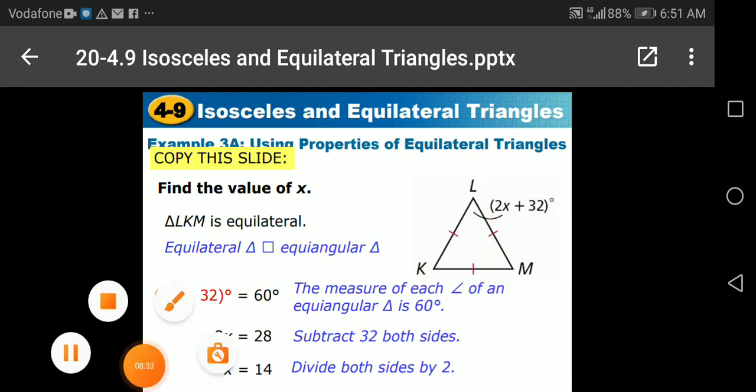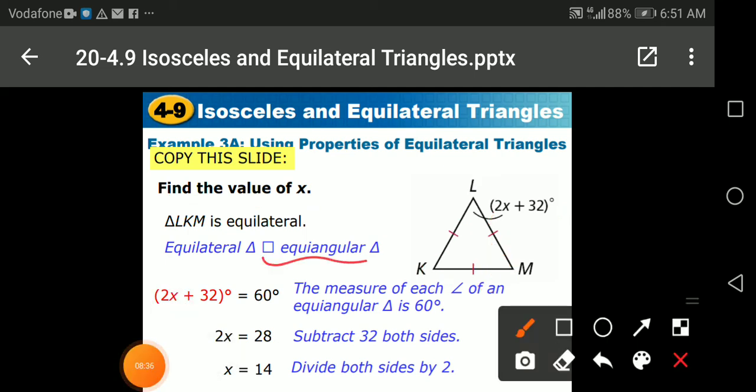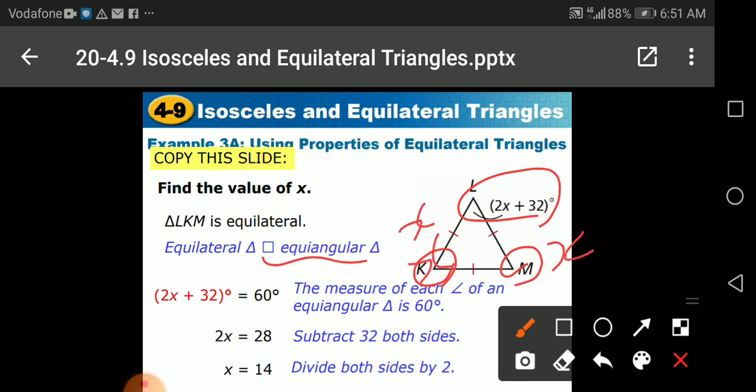An equilateral triangle is equiangular. Therefore, this angle is equal to this angle is equal to this angle. Let this be x and x as we are used to do, and we have here 2x plus 32.